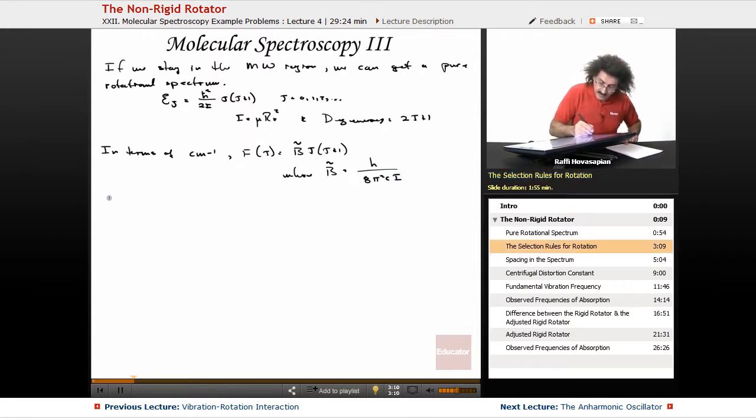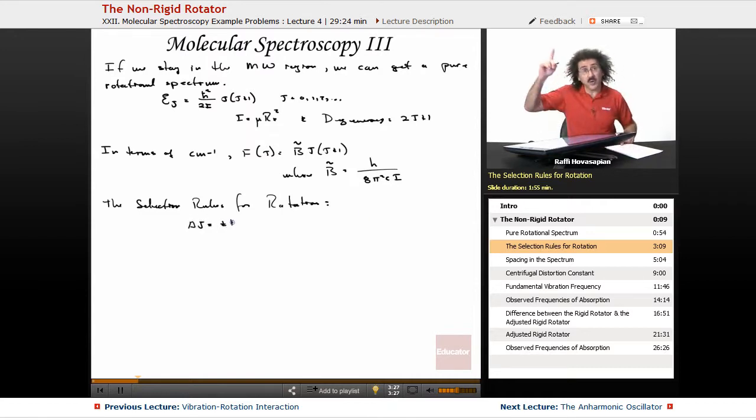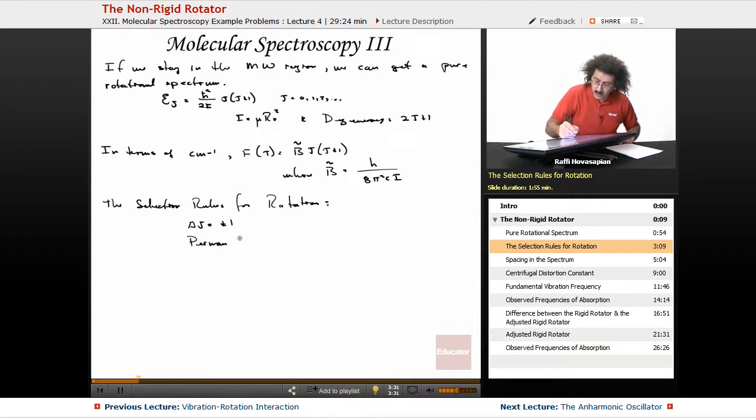Now, as we said before, the selection rules for rotation, remember, we're just talking about pure rotation now. We have to have delta J equals plus or minus 1, one quantum state at a time, and a permanent dipole in the molecule.